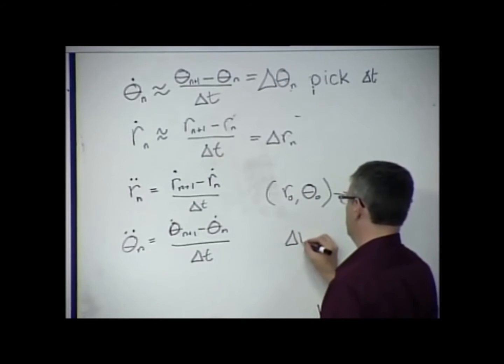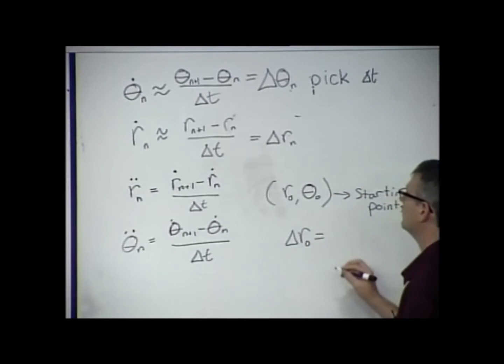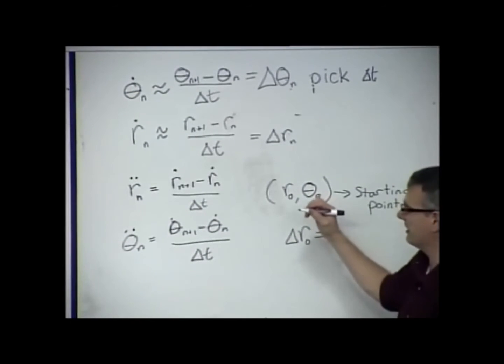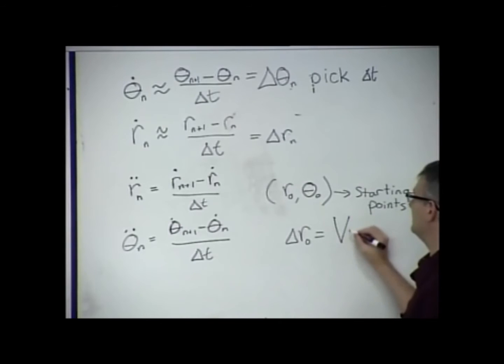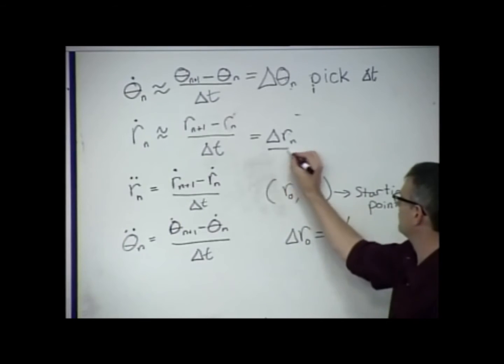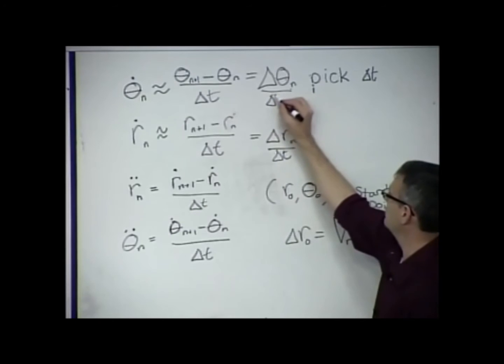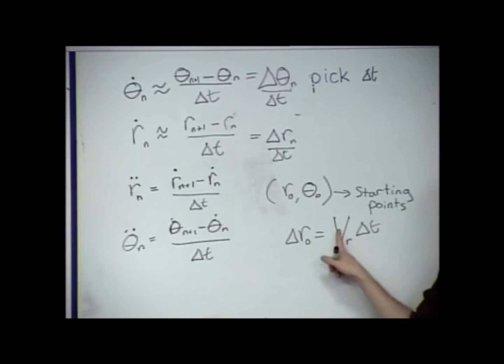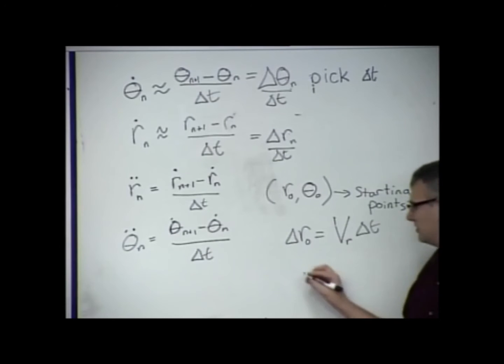And then delta r0 is going to be my starting velocity, v sub r, times my time step. So let me put this in here too to keep the units right. In other words, I know what my analog v sub r is, my continuous time velocity. I multiply it by the time step I've chosen. That gives me an initial delta r0.